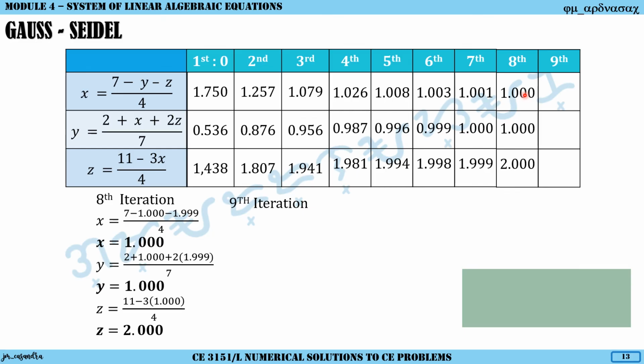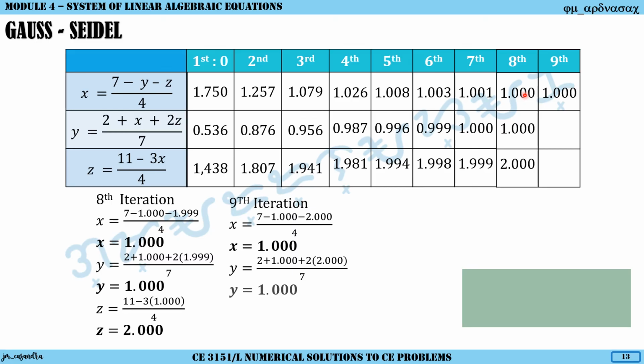So x now will use the latest y and z. So 7 minus 1 minus 2 all over 4 will give us 1. And then for y, the latest value of x and the latest value of z. So 2 plus 1 plus 2 times 2 all over 7 will give us 1.